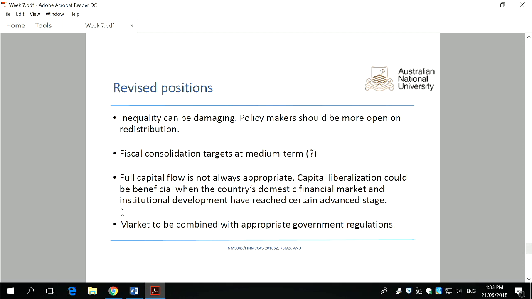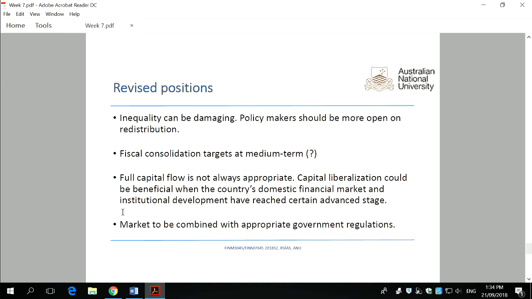And then the second revised point is to have fiscal consolidation targets at a medium term. Previously they wanted to reduce debt quickly, but right now they just slow down. Instead of setting it as a short-term goal, let's set a mid-term goal, because in this process the country can assess its own healthy debt level.